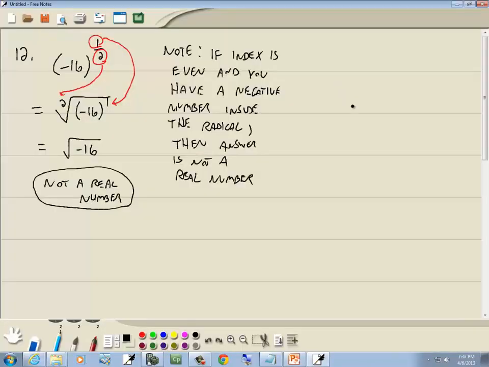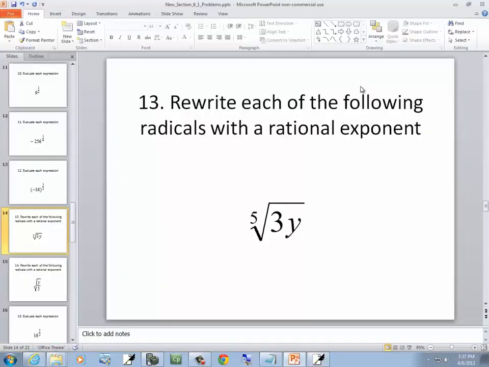Let's take a look at this problem. This just kind of builds upon what we've already been talking about. We get the fifth root of 3y.